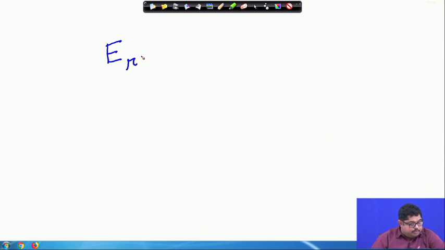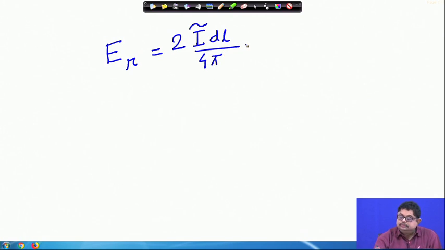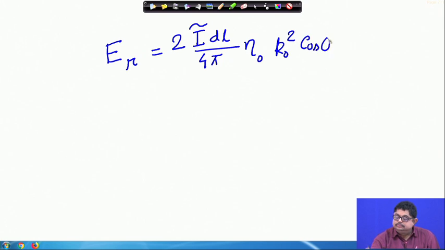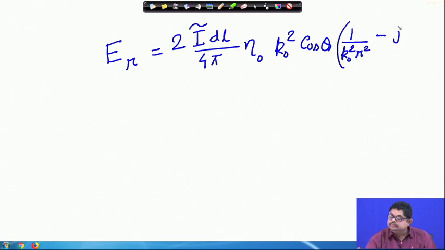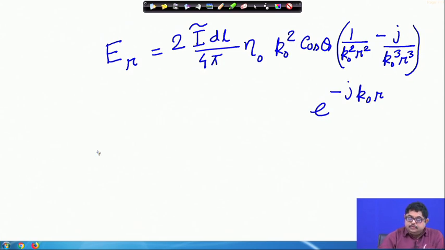The E r component is given by 2 there is an E theta component, all these are phasor quantities.